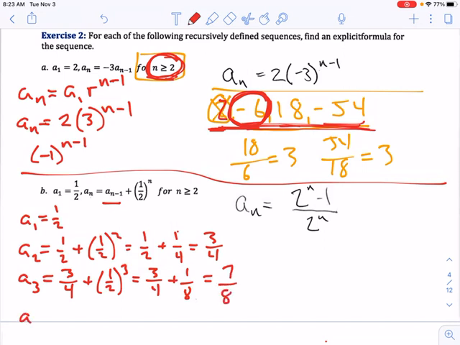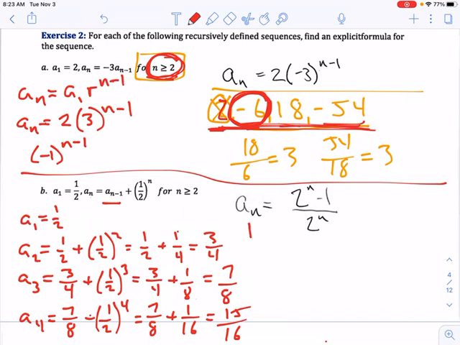And a sub 4 is going to be 7/8 plus 1/2 to the 4th power, which is 7/8 plus 1/16, which is 15/16. All right, so that's good enough.